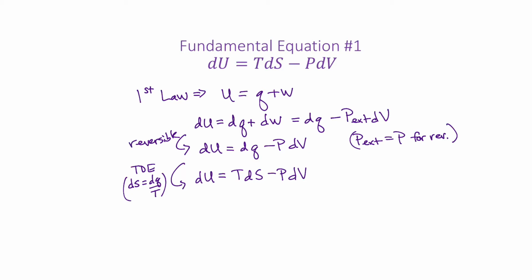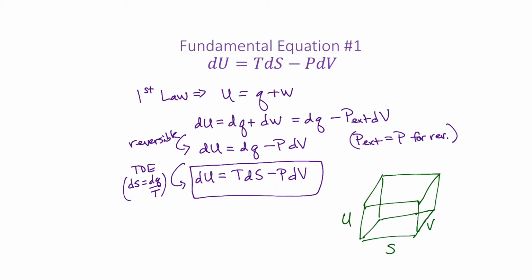As you can see, that gives us our desired fundamental equation number 1. Again, just another expression for obtaining the internal energy of a system. We've seen other ways that we can obtain that quantity. This one is giving it to us in terms of our entropy and volume state spaces.